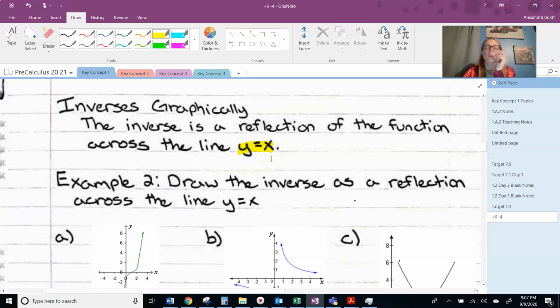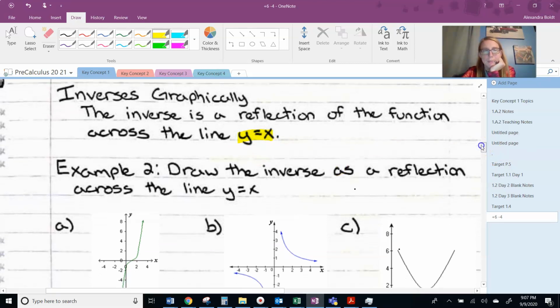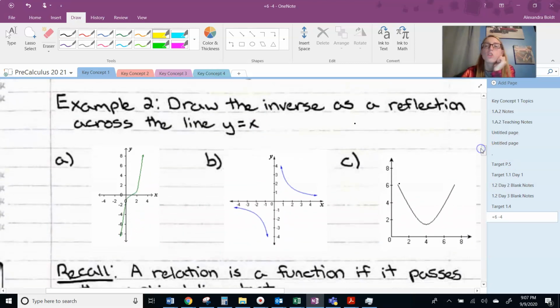It's the line going straight diagonally through your coordinate plane. So we're going to draw the inverses of our functions as a reflection across y equals x. So I'm going to draw this y equals x. I'm going to put a point at (2, 2), a point at (4, 4). So I'm just putting these little points to help me.